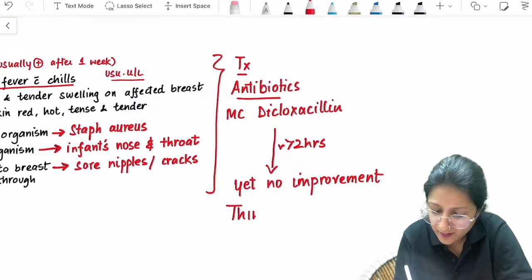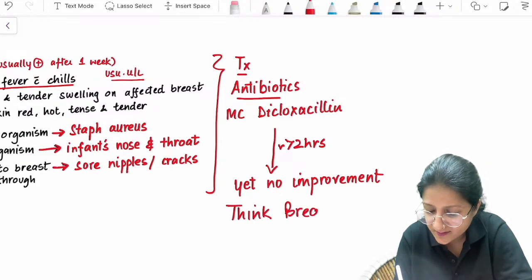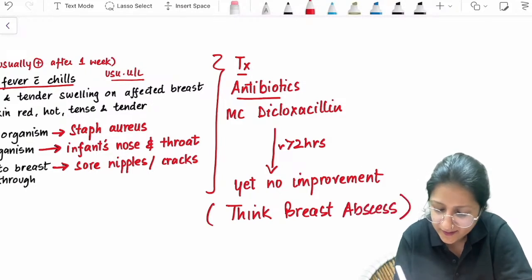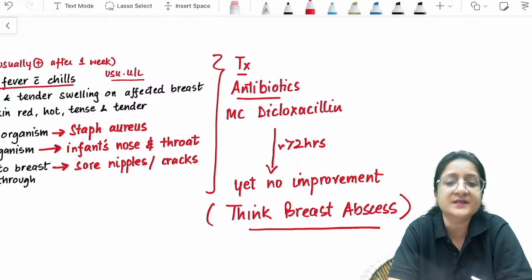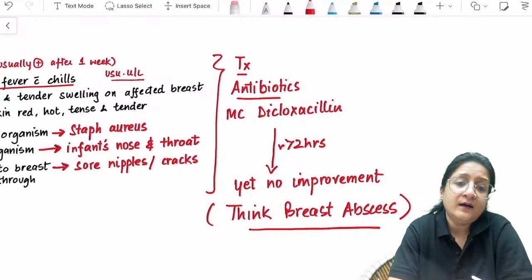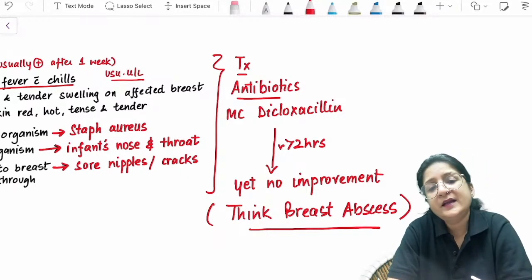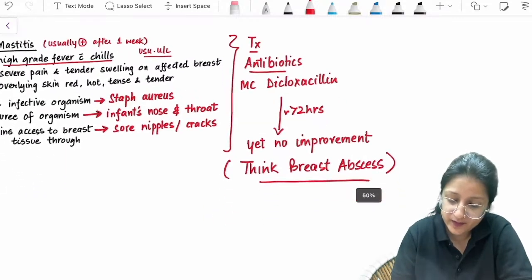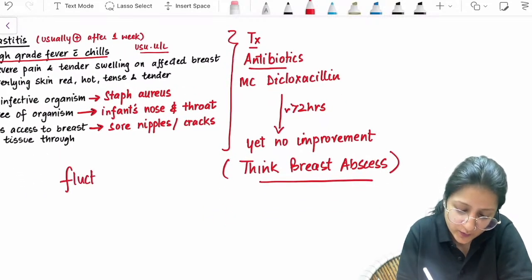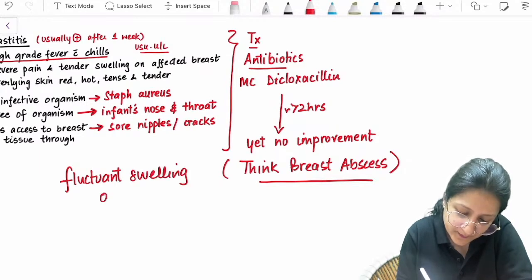Then you think about breast abscess. And also there will be a fluctuant swelling on the breast. Abscess causes a fluctuant swelling.